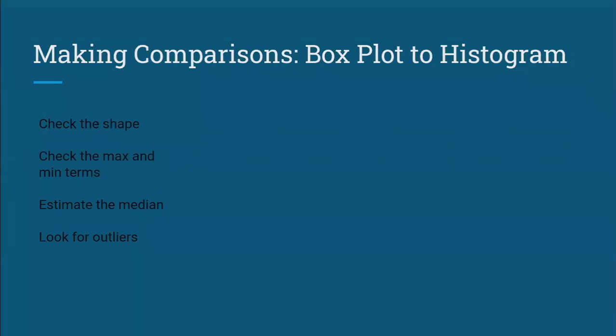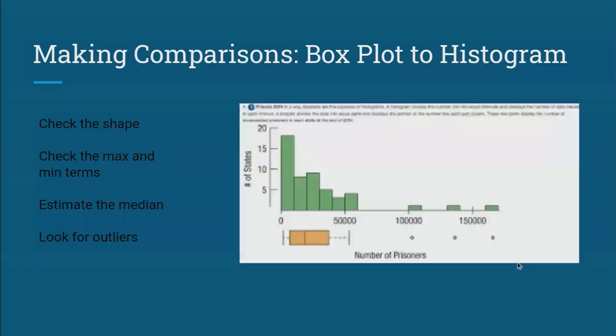Now, the second one, when we look for those same 4 things, again, shape, we starting low, we going high. So we know it's skewed. And again, the tail being on the right side means that we know it's skewed right. We check max and mins, minimum, 0.